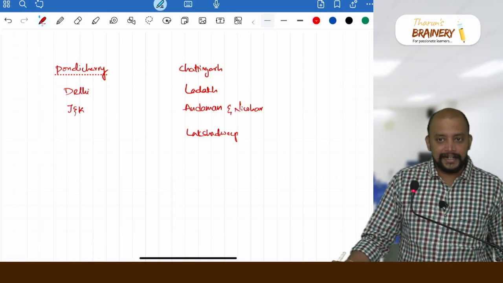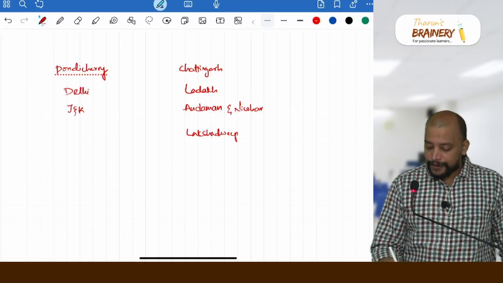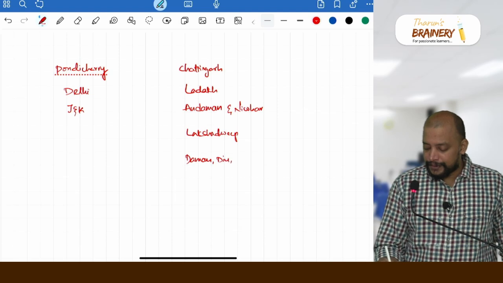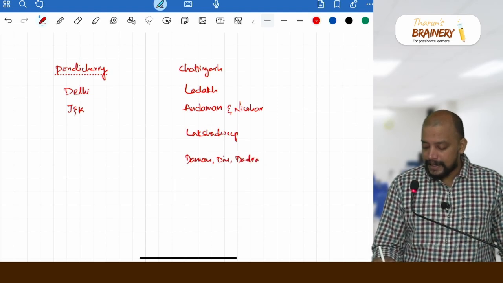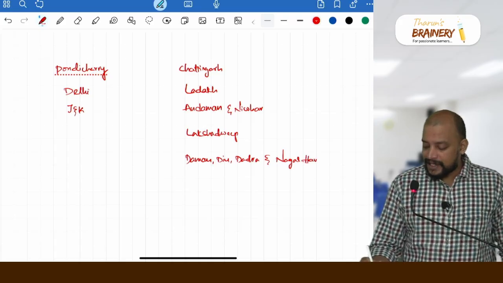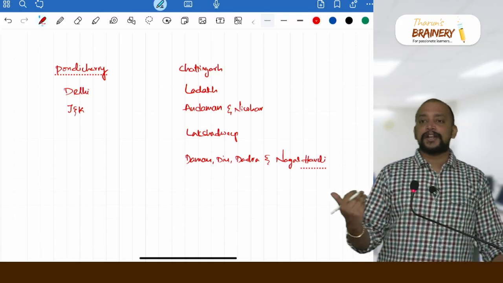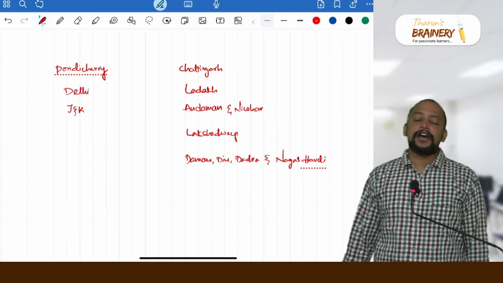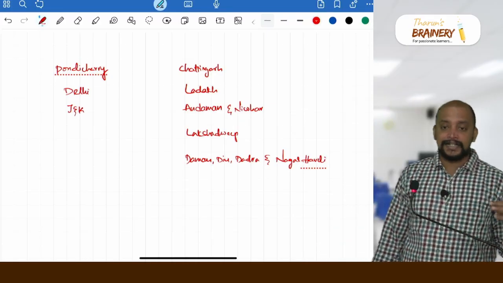You would have heard, Lakshadweep. Then one more, Daman, Diu, Dadra and Nagar Haveli. Actually, these were two separate union territories. Now they have merged it into one single union territory.